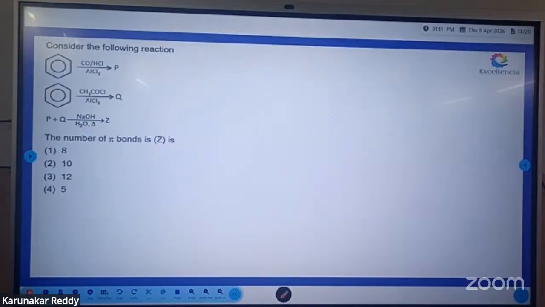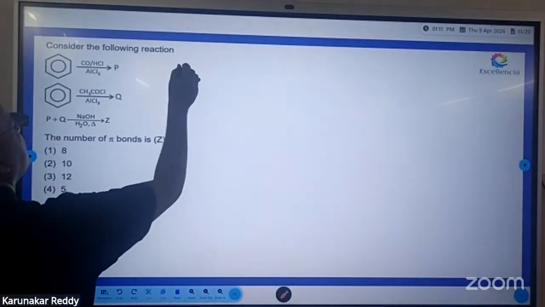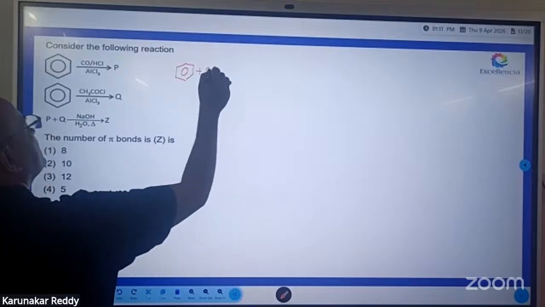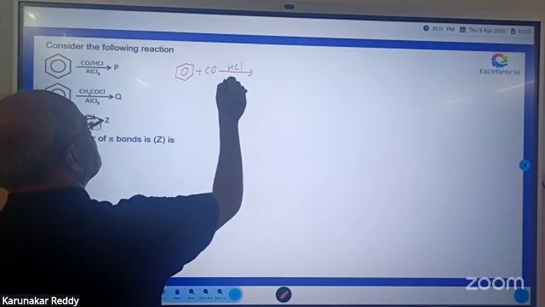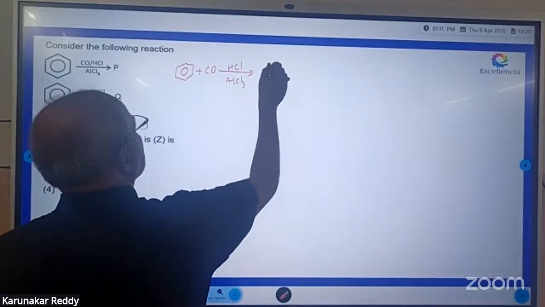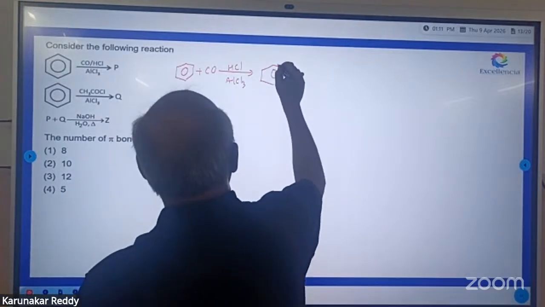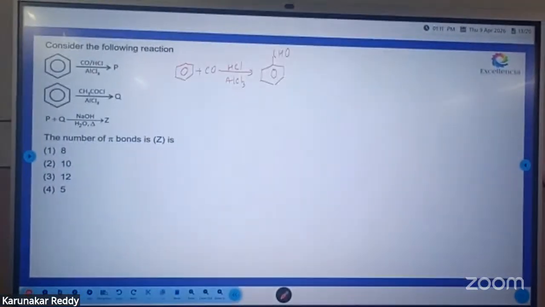Next. So here CO, it's a very easy reaction, and carbon monoxide is an electrophile along with the HCl. In the presence of AlCl3, it's a Gattermann-Koch reaction. Then we'll get an aldehyde over here, benzaldehyde. So it is an electrophilic substitution reaction.